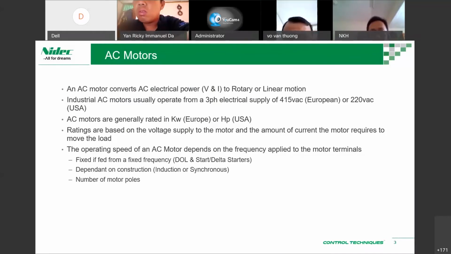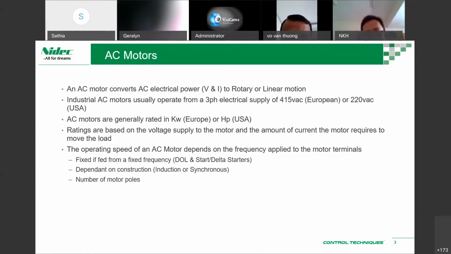An AC motor is an electromechanical device which converts electrical power into mechanical power.